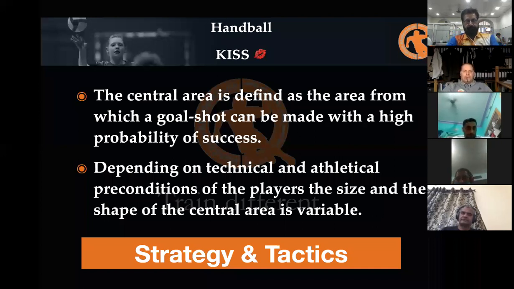And this is again related to our idea, the basic strategy or basic concept of teaching young players, because at beginner's level, we don't have the skills on the wing and we don't have the skills of shooting far from the backcourt. And the players have to go very close to the central part of the court, and from there they can shoot. But if there's only a small central area which is effective for the players in attack, then the defense can cover this area easily. And without good attacking, the defense is still successful, because then the space for the attackers is almost not given.